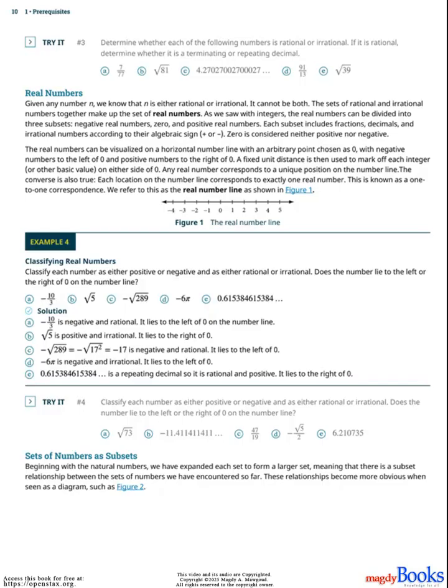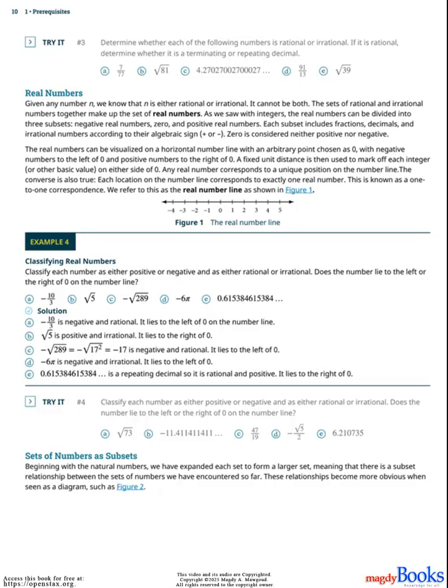C. Negative square root of 289. D. Negative 6 pi. E. 0.61538461538. Solution. A. Negative 10 over 3 is negative and rational.